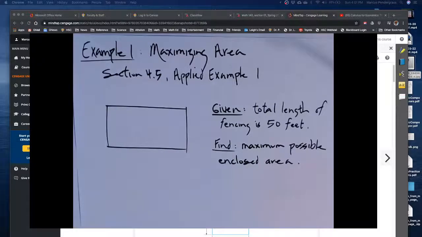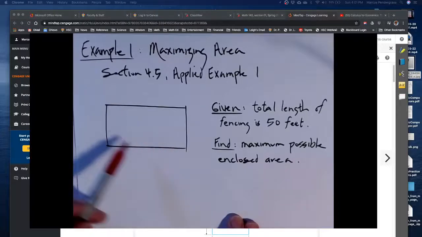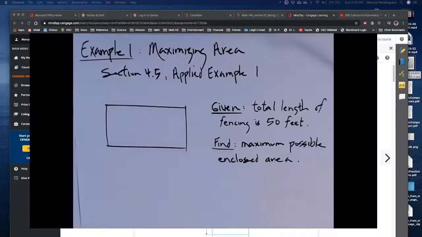A way to get started on a problem like this is to think about the variables that are involved, give them names, and then start relating the variables to each other and to the ultimate goal. Our ultimate goal here, of course, is to maximize the area that we enclose in this 50-foot perimeter garden.